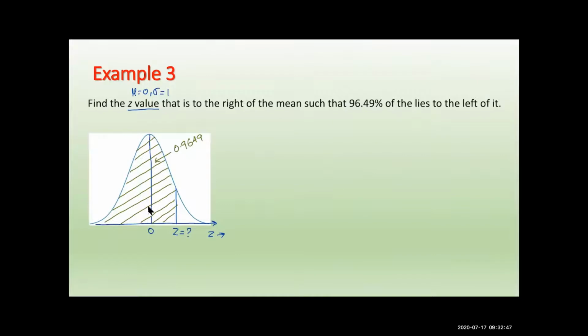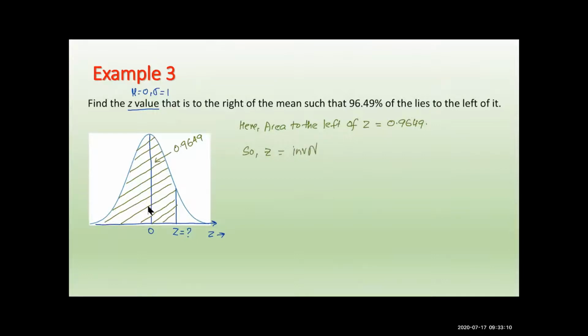So here, area to the left of z is equal to 0.9649.